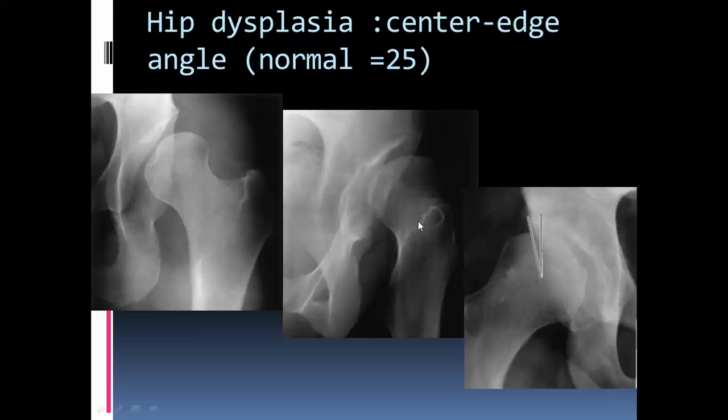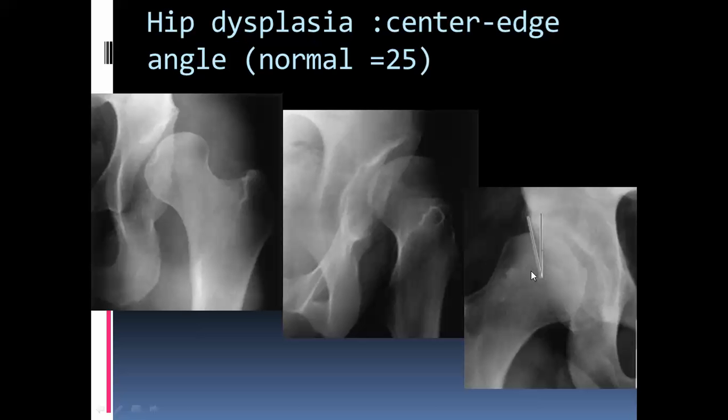In hip dysplasia, the center edge angle is less than 25. If you make a line starting from here and is vertical, and a line drawn like that, the angle between this one and that one is less than 25. This is due to shallow acetabulum or slanting acetabulum.